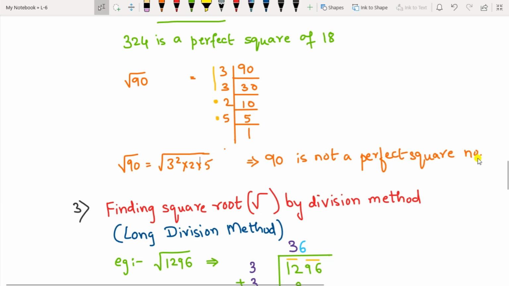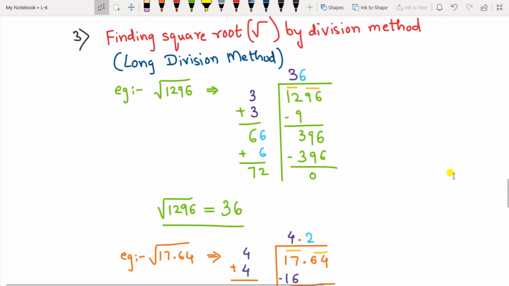The third point is finding the square root by the division method, also called the long division method. This is a very important pattern to find the square root. Take the square root of 1296, for example.